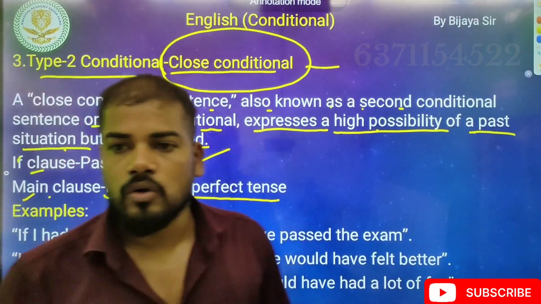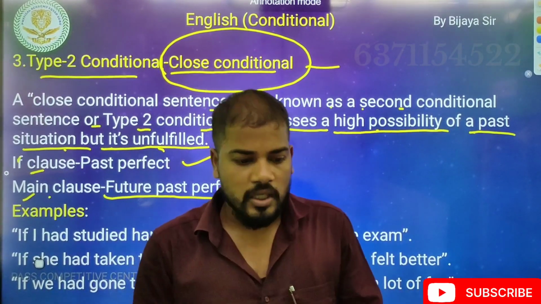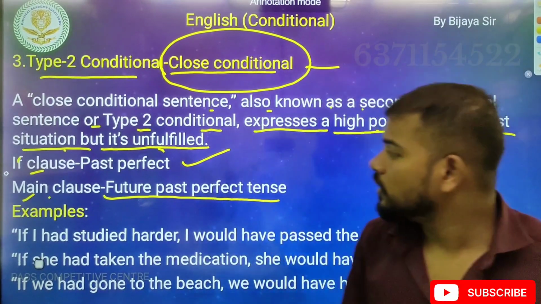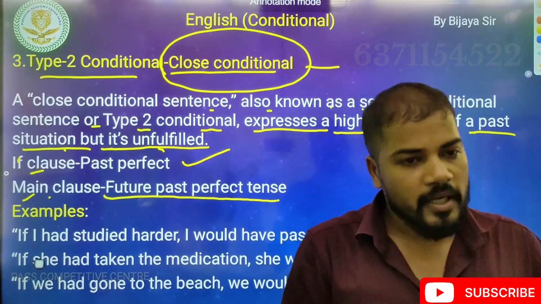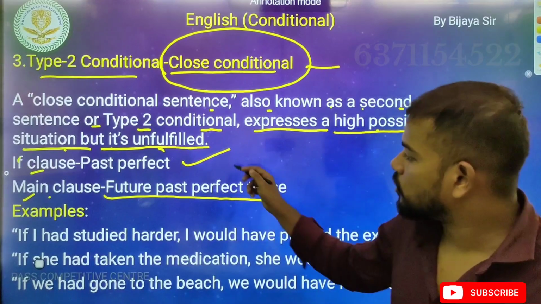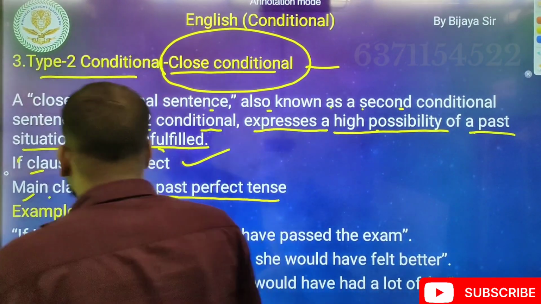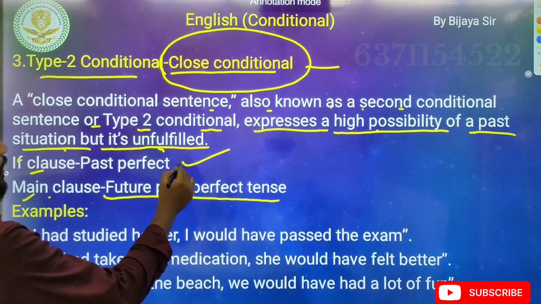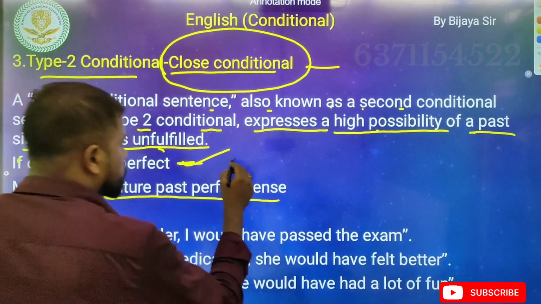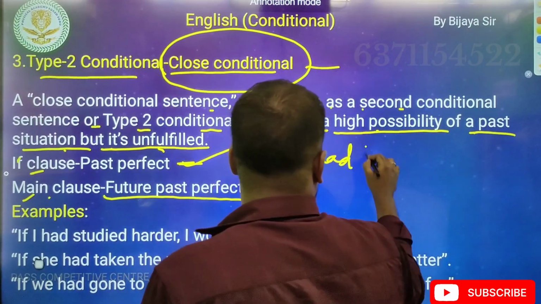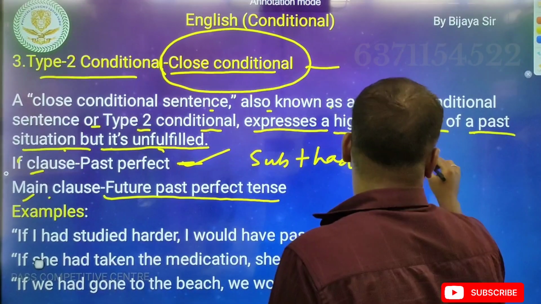So dear students, now you may think: what is future past perfect tense? We already know future perfect tense and future perfect continuous tense, but what is future past perfect tense? Now come to the structure. Past perfect tense is subject plus had plus V3 plus object.